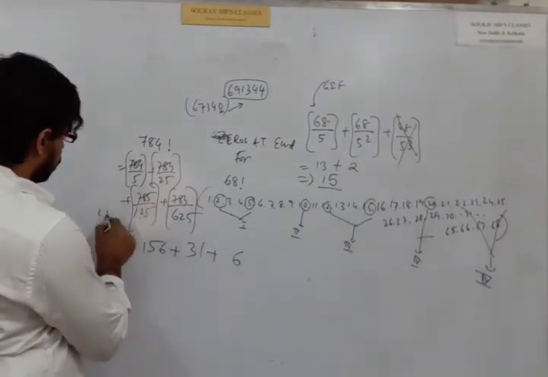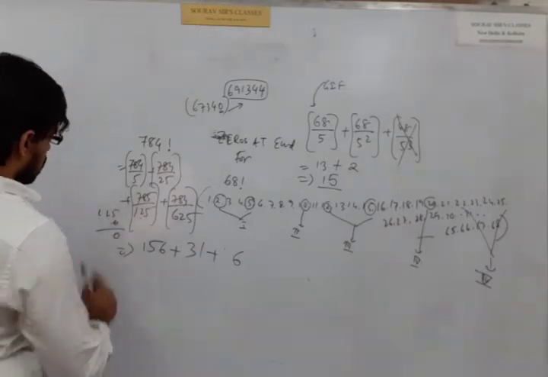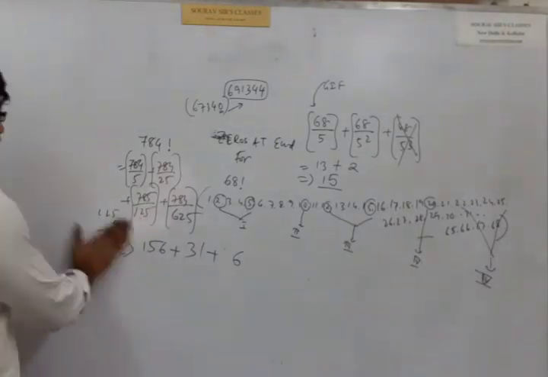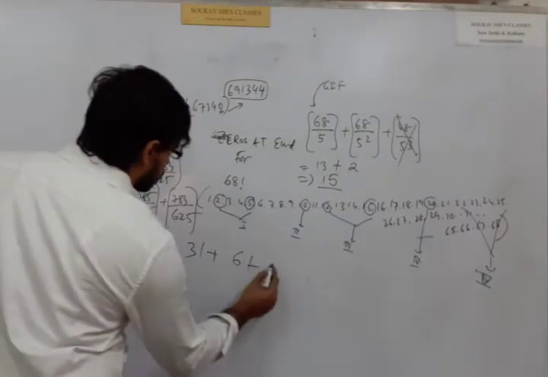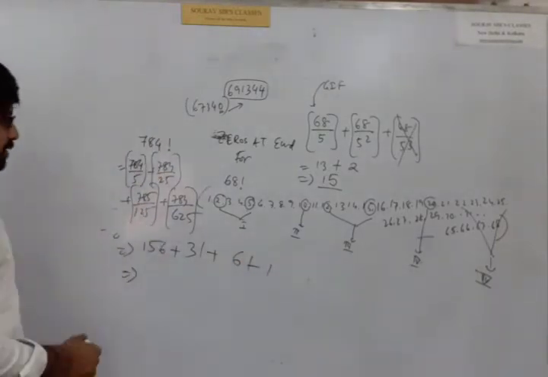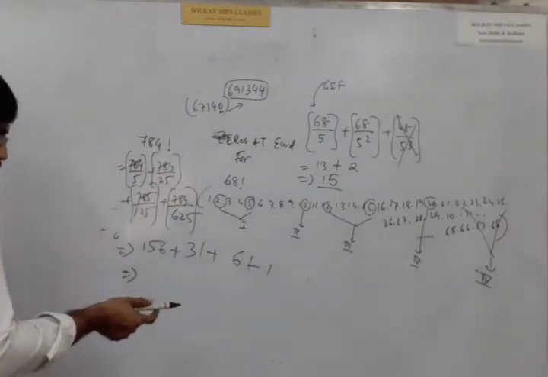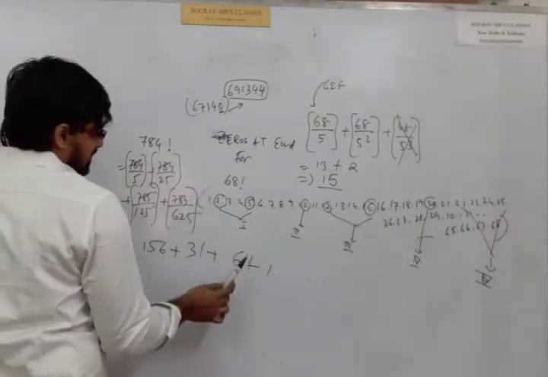Okay, so 6 is 125 into 6, so 750, so we are okay with it, and this is only 1, so this is 156, 157, 164, 194.